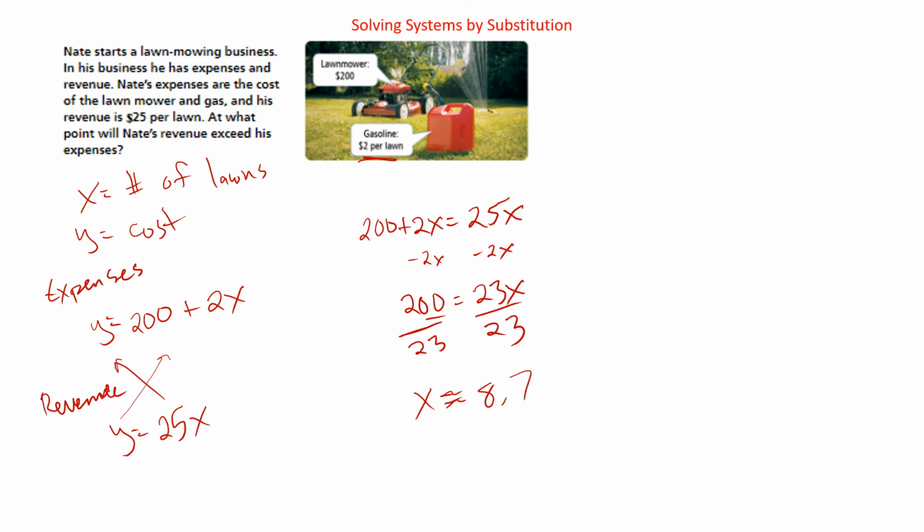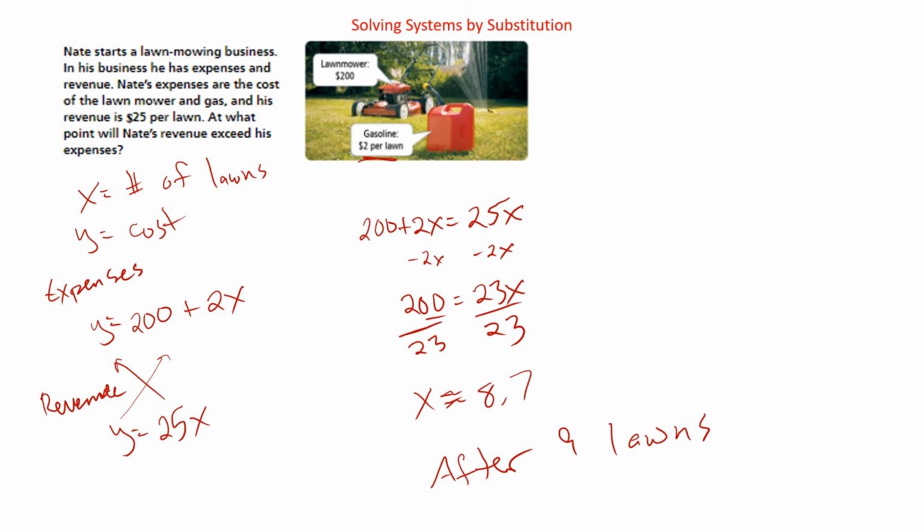Is he going to mow 8.7 lawns? Better question. If he stops at 0.7 of the way through the lawn, is he going to get paid? Probably not. So even though his break-even point is 8.7, he's in the middle of that 9th lawn. He's going to have to finish that. So his revenue will exceed his expenses after 9 lawns.